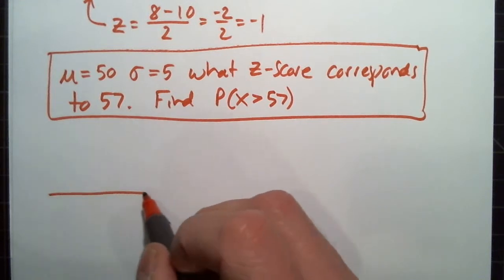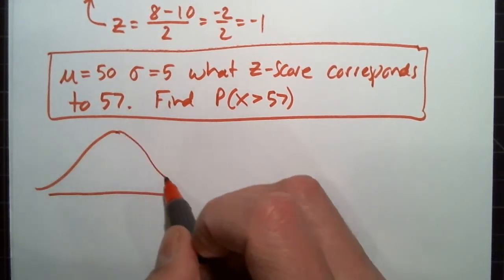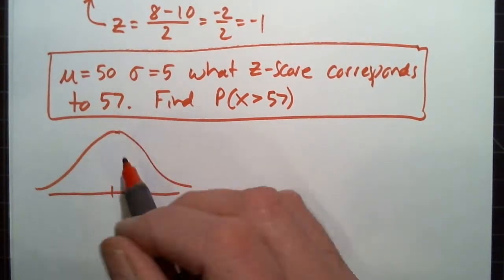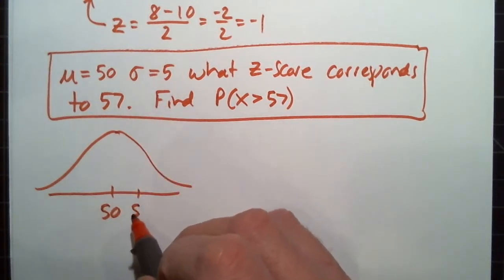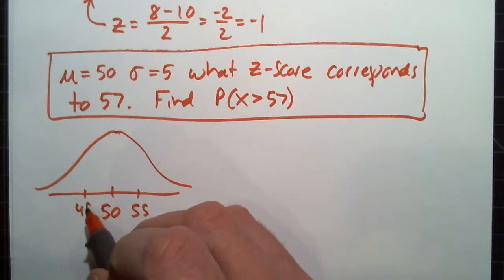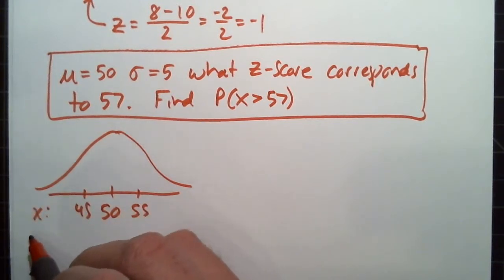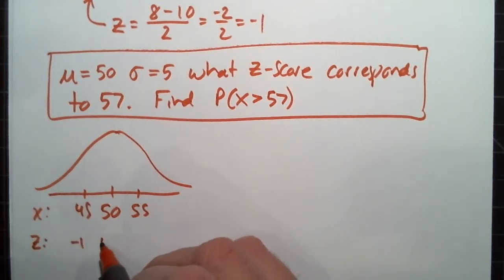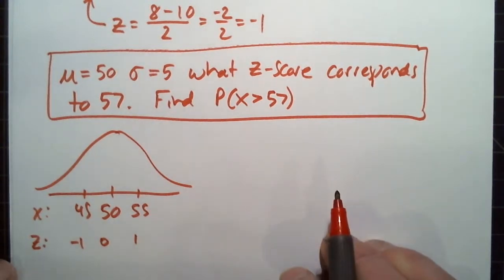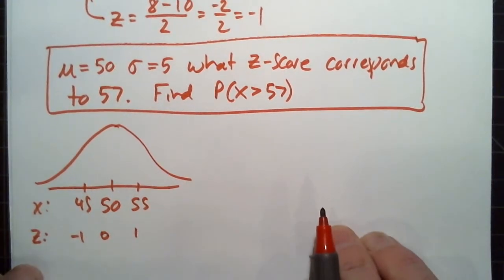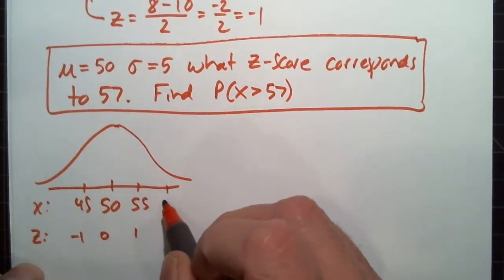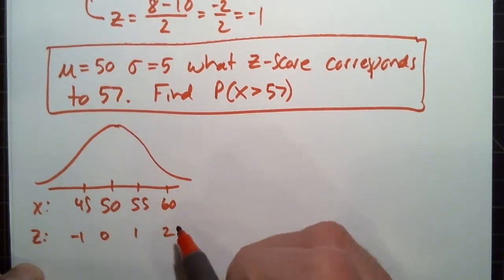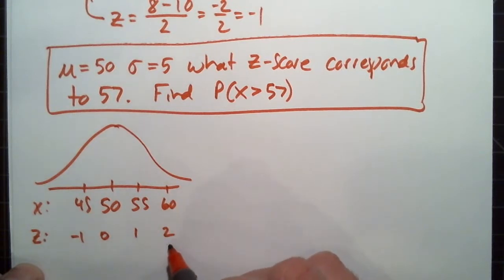Oh, we start with a graph. The mean is 50, standard deviation is 5, so 55 and 45, those are x values. We know the z values are these. But we're looking at 57, and if we went up another standard deviation, it would be at 60. So we know that this is not z equals 1 or 2, it's going to be some decimal.